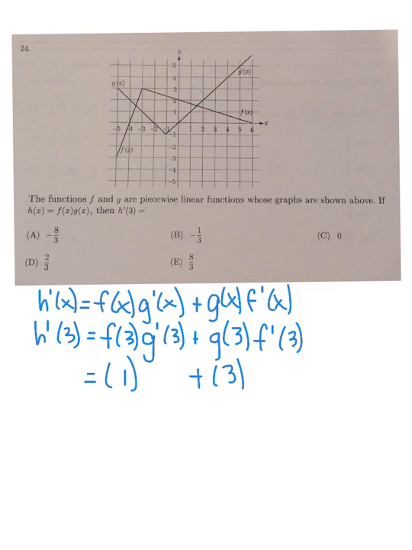So the slope at 3 is 1. And then you're going to do the same for f at x equals 3. Here's my f graph at x equals 3. Let's find the slope. So that's down 1 over 1, 2, 3. So you'll see that that is a negative 1 over 3. So negative 1/3 is that slope.